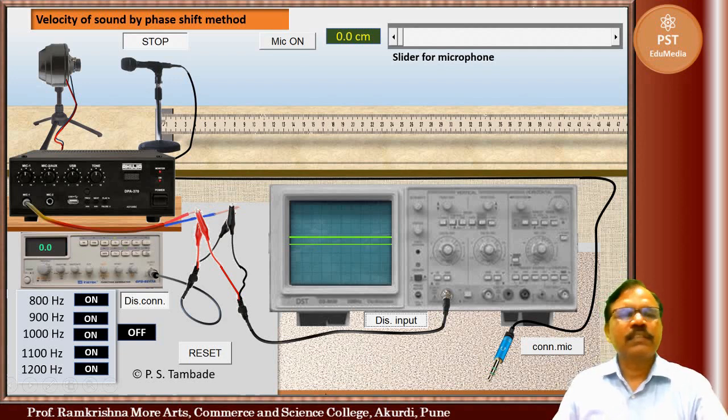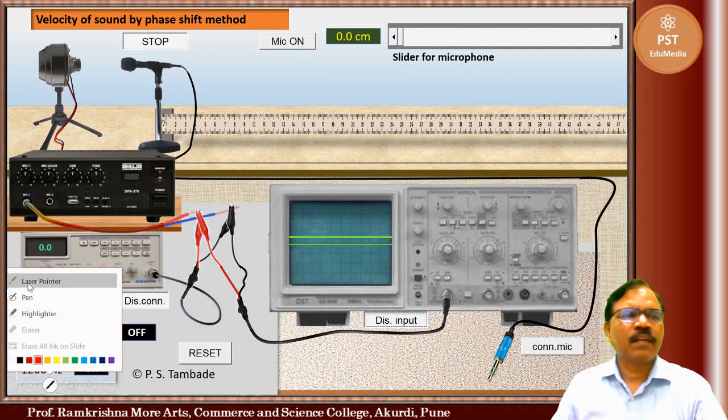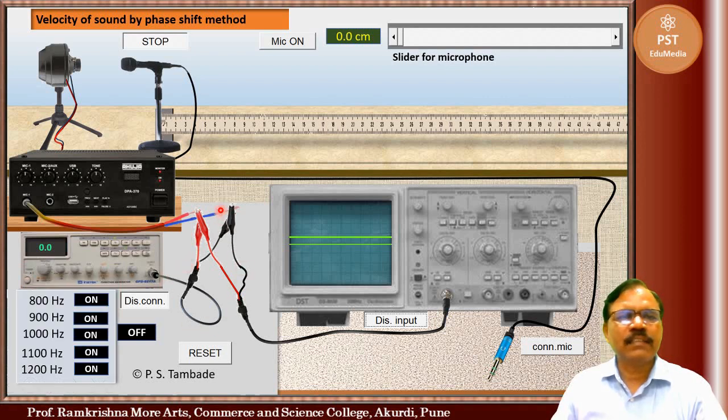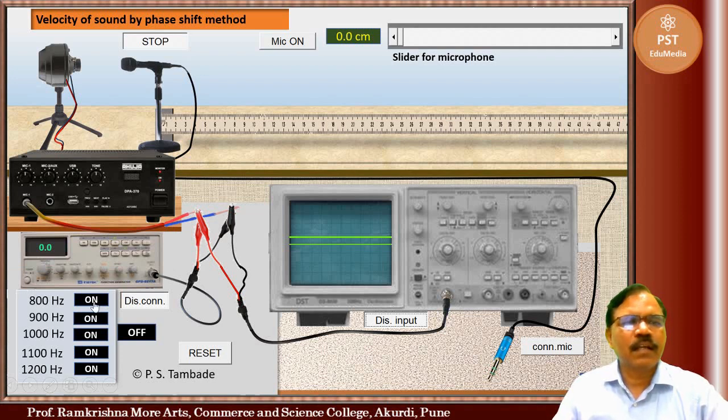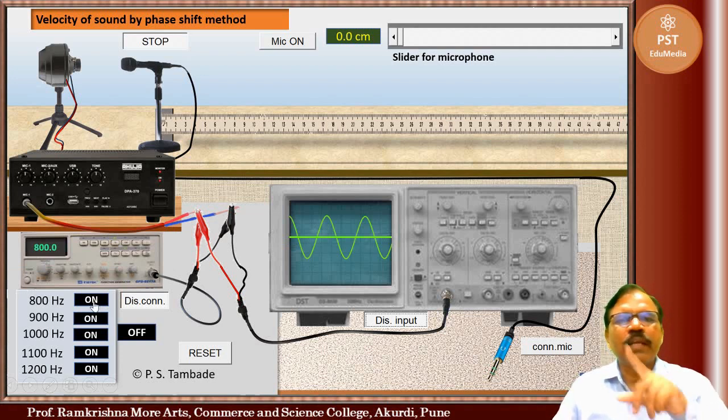Here the signal generator is connected to the amplifier as well as to the CRO. Now see here, if we take suppose 800 frequency, you will get a waveform. This is the waveform for 800 Hertz frequency, and we are giving a sine waveform.